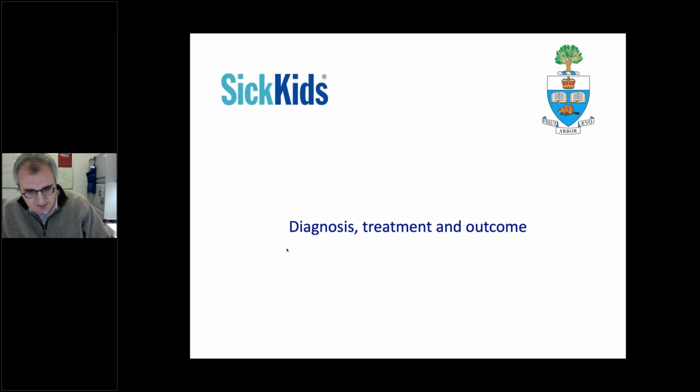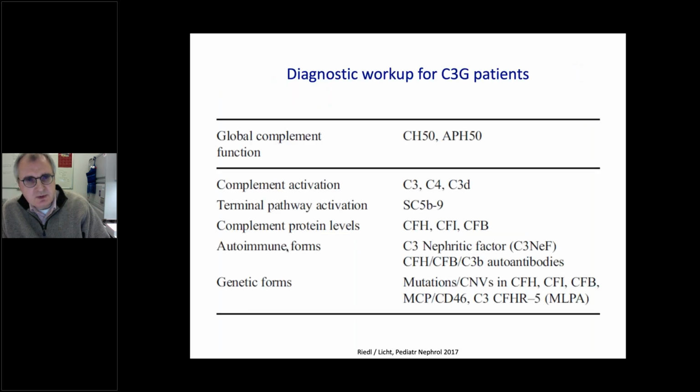As promised, for the last part, let's take this to clinic. Relatively quick, but in one slide summarized, but very important and often enough very difficult to achieve. With all this insight, of course, an in-depth workup of the complement system, including genetic forms, autoimmune forms, the antibodies, and an activation profile would be what we would hope to have at hand to rule in or rule out any of these defects in a given patient.